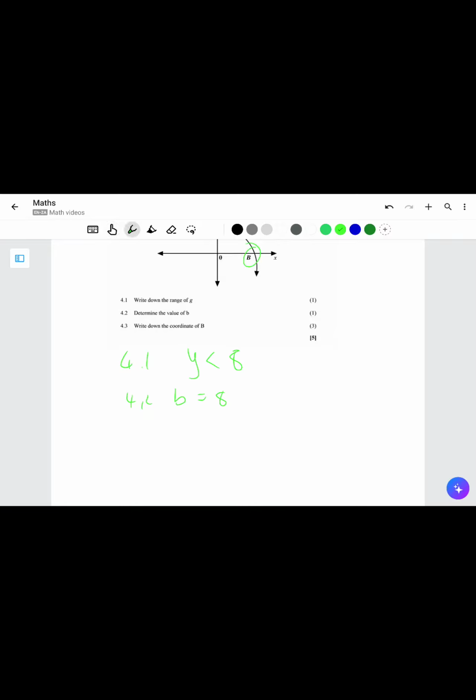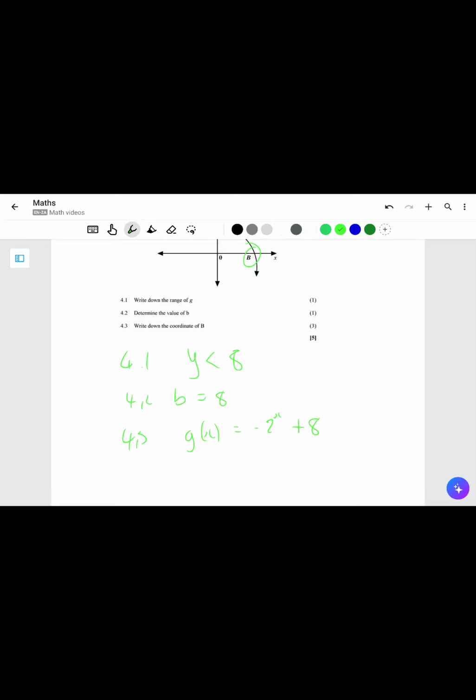Right, so what we're going to do, for 4.3, we can say that g of x equals negative 2 to the power of x plus 8, because we know that b equals 8. So what are we going to do?